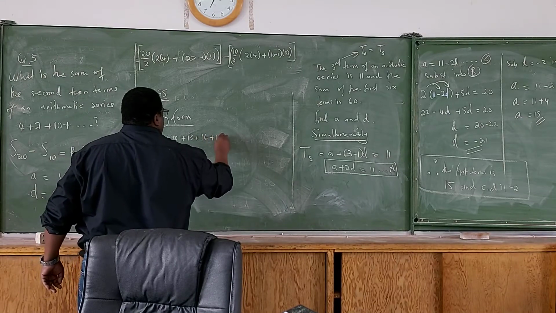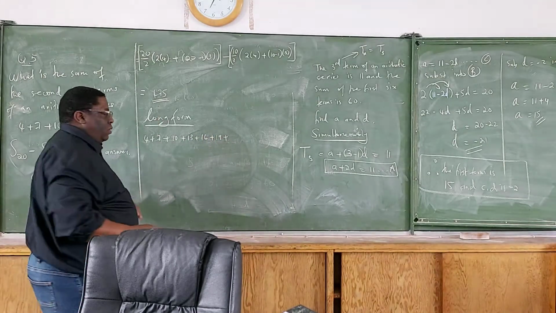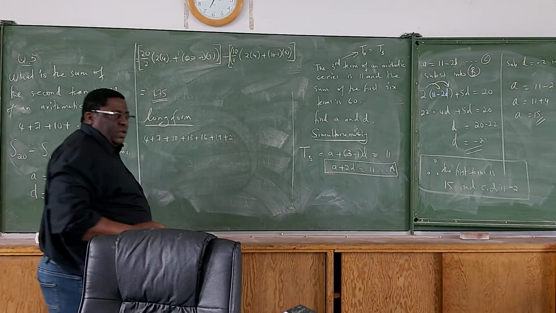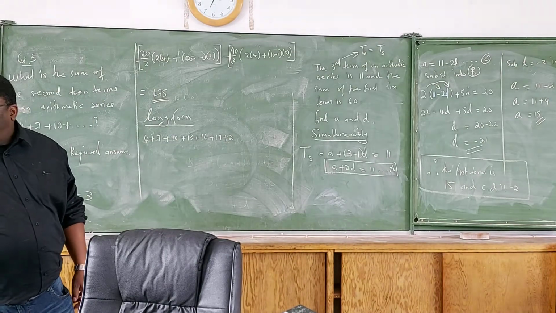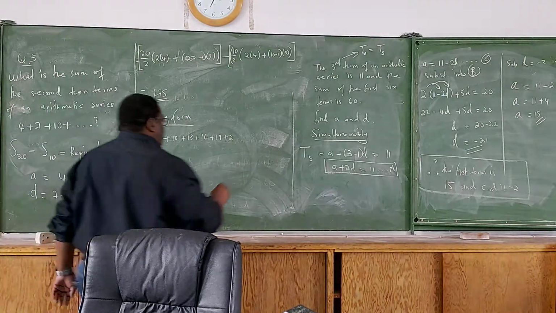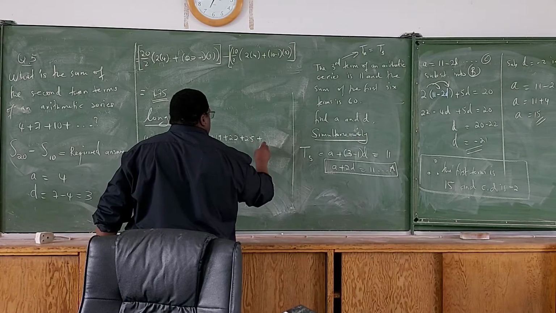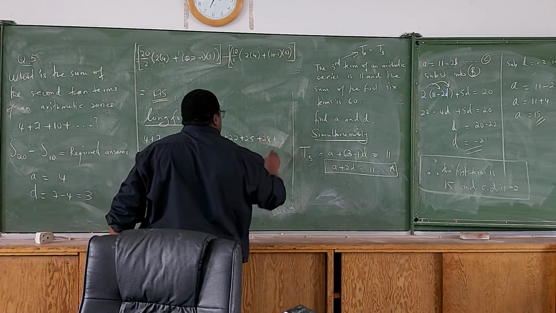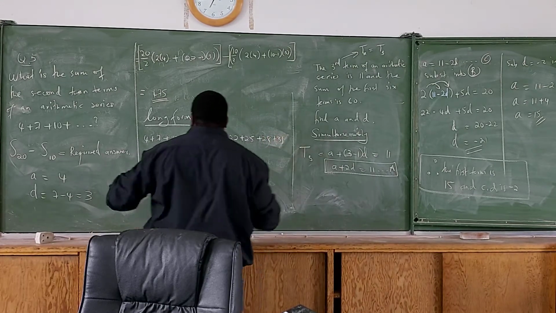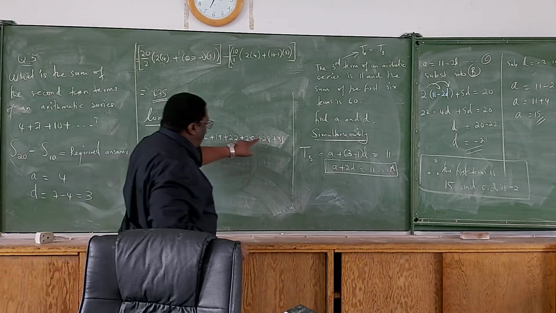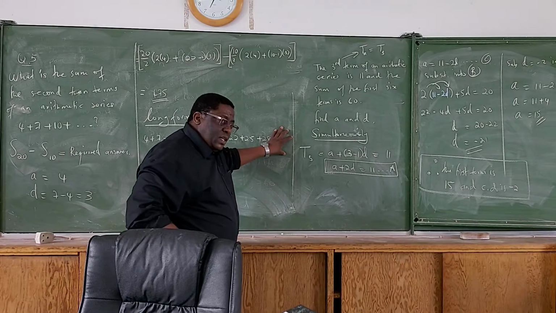Next? 19. Plus 3 is 22. Plus another 3. Plus another 3. Plus another 3. So how many terms do I have now? 1, 2, 3, 4, 5, 6, 7, 8, 9, 10. So this is the first 10 terms.